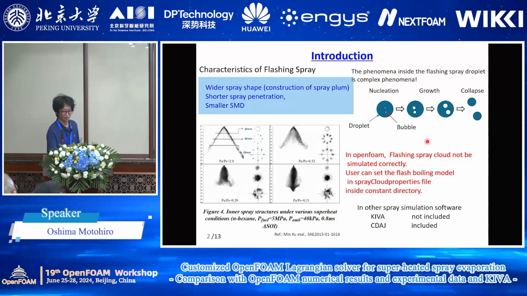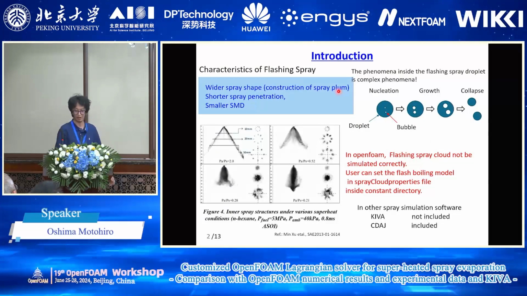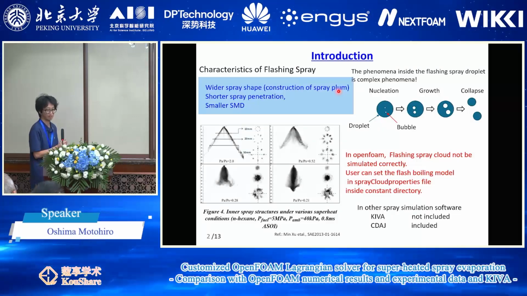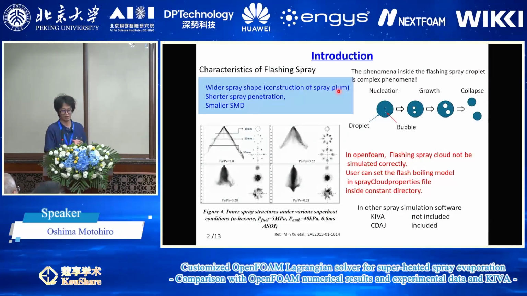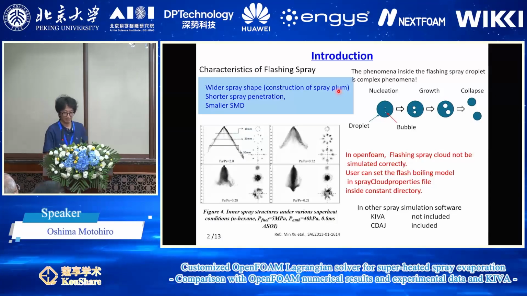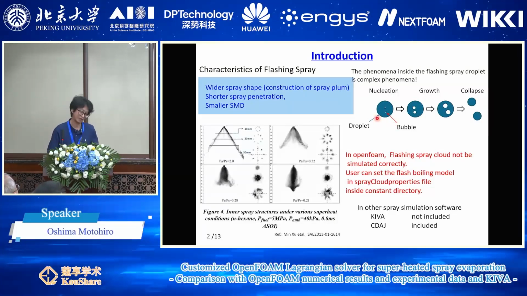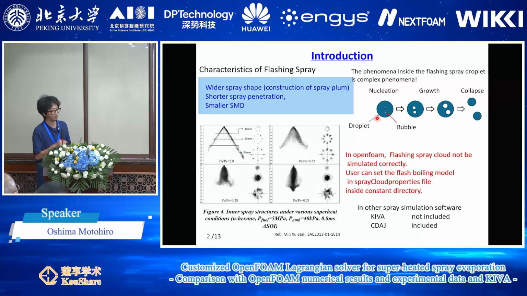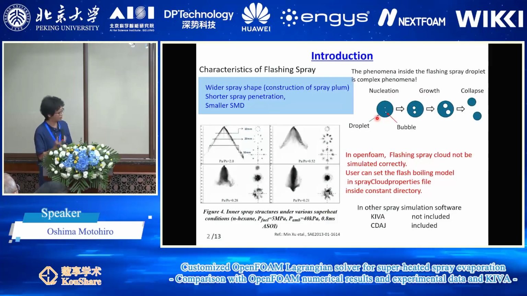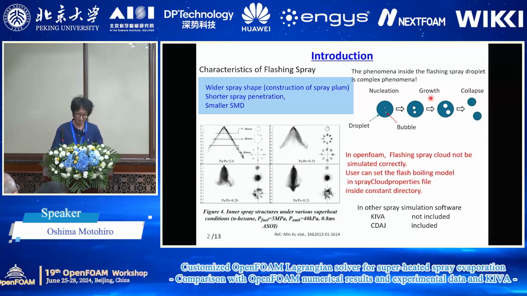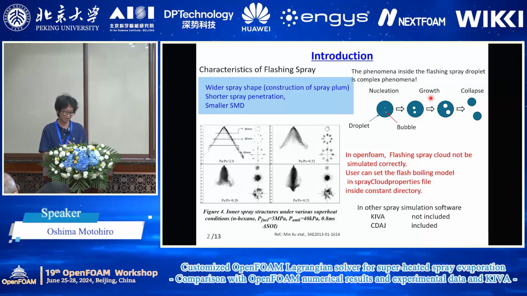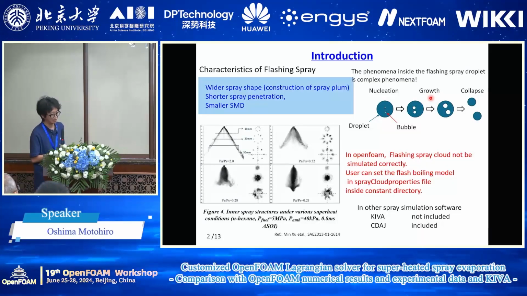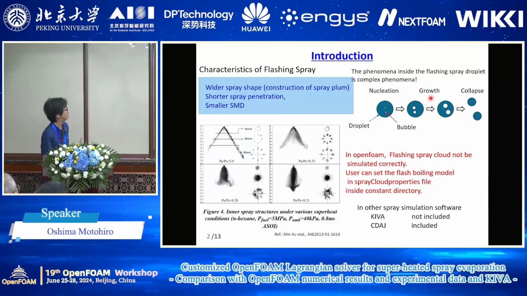This figure shows the phenomena inside a flashing spray droplet. This phenomenon is very complex. The bubble inside the droplet nucleates, grows and collapses. In OpenFOAM, flash spray cannot be simulated correctly.